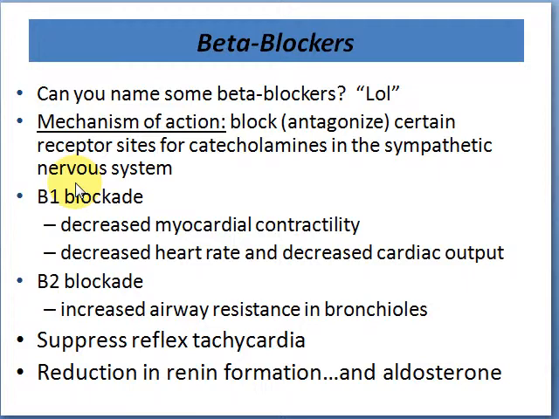You also have a reduction in renin formation and therefore aldosterone. So you'll have a decrease in salt and water reabsorption into the blood stream and therefore a decrease in blood volume, resulting in a decrease in blood pressure.